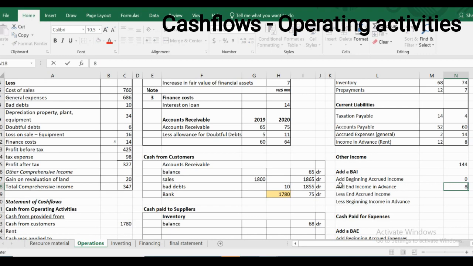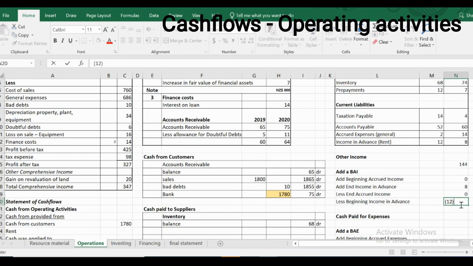Going down further, if I'm going to add beginning accrued income, that means I less end accrued income because end is the opposite to beginning. So my end accrued income, once again, is 0 because I don't have it. And if I'm going to add end income in advance, I must less beginning income in advance. And my beginning income in advance was 12.